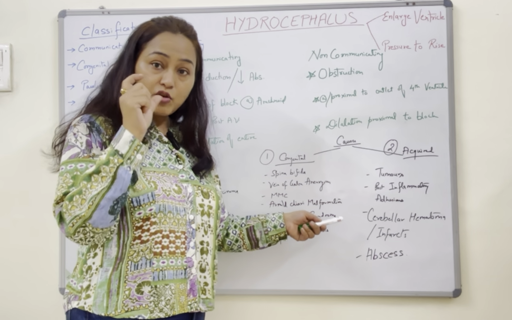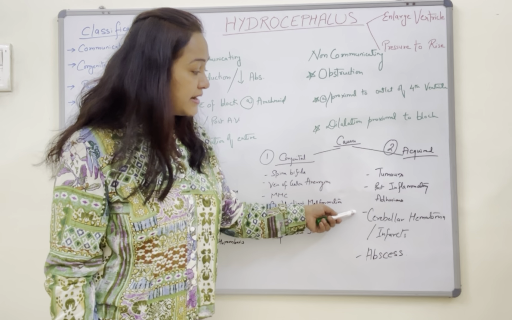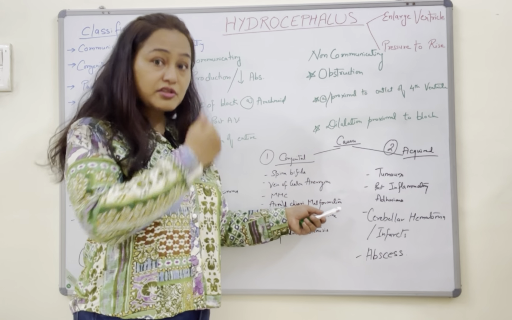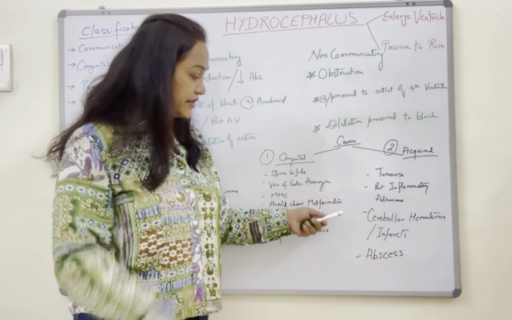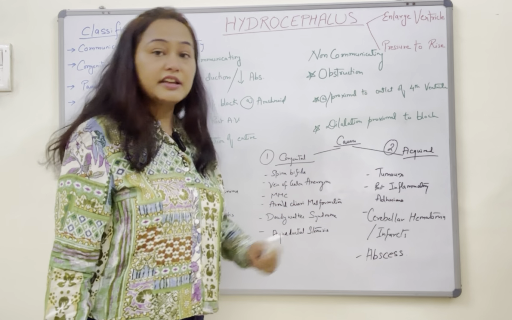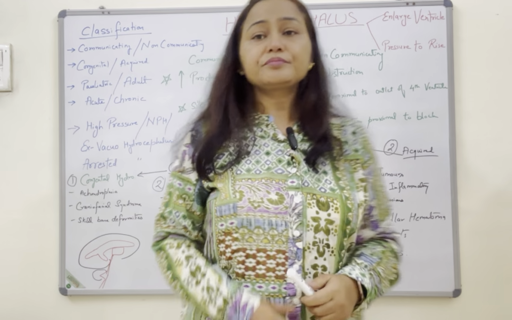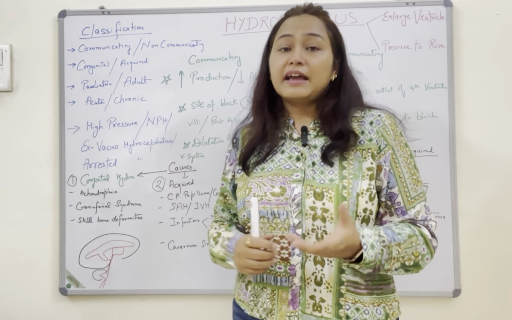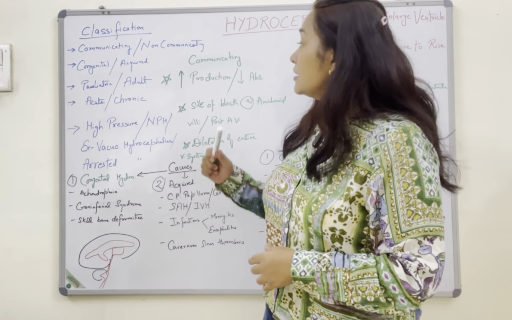Post-inflammatory adhesions can also cause obstructions. There may be cerebellar hematoma, because we all know the cerebellum is situated just behind the fourth ventricle, cerebellar infarct, or abscess, right? There are some terminologies I can explain one by one, right?